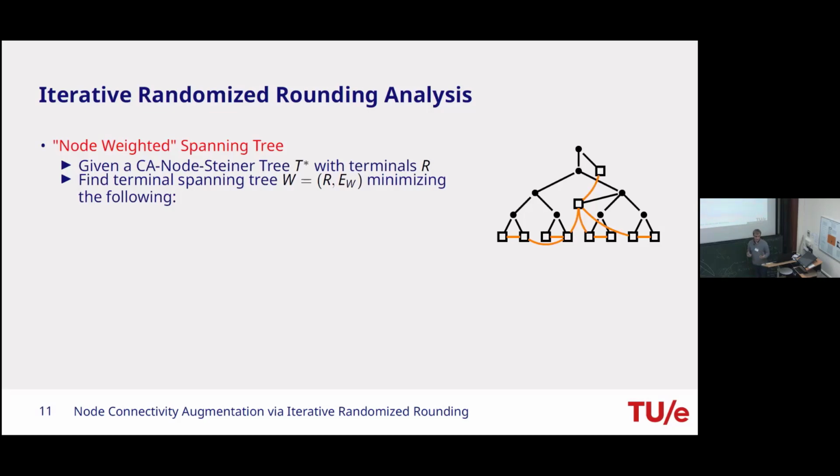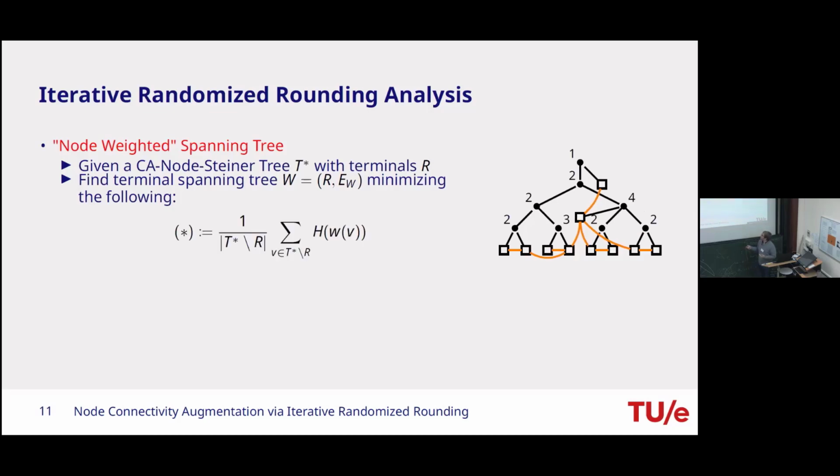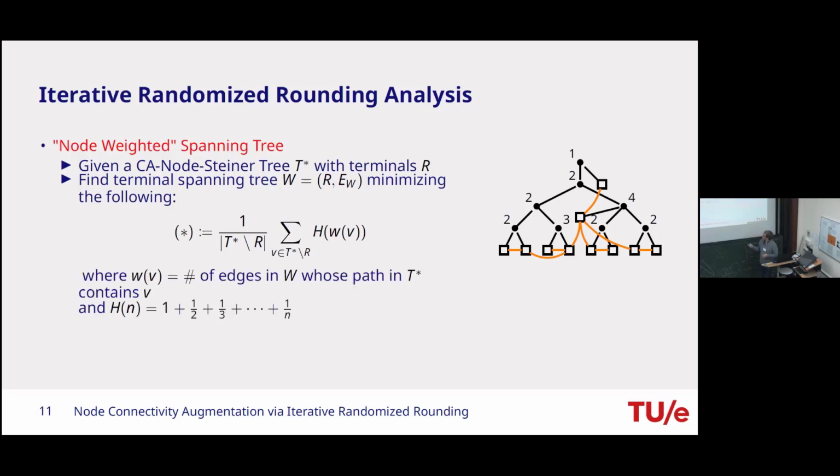And we want to pick this terminal spanning tree so that we minimize the following ratio, which is just the sum of the harmonic value of this function W of V divided by the number of Steiner nodes, which is the cost of T star itself. So W of V is the number of edges in W whose path in T star contains V.